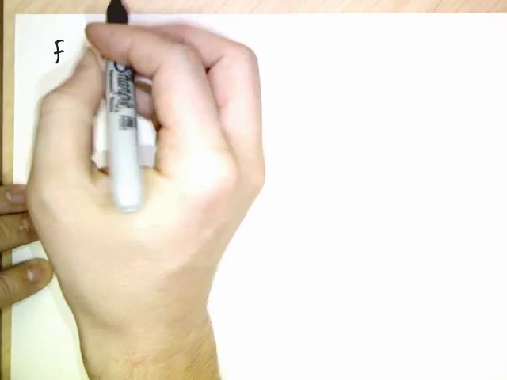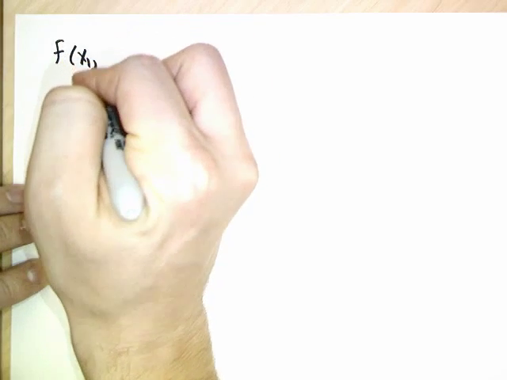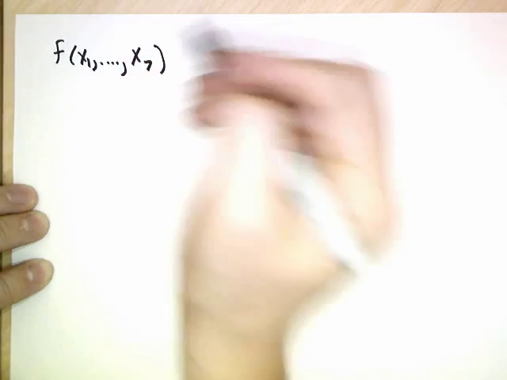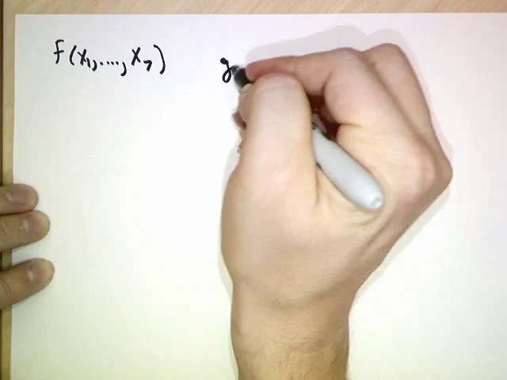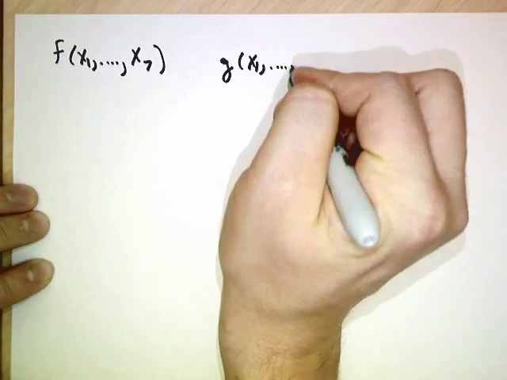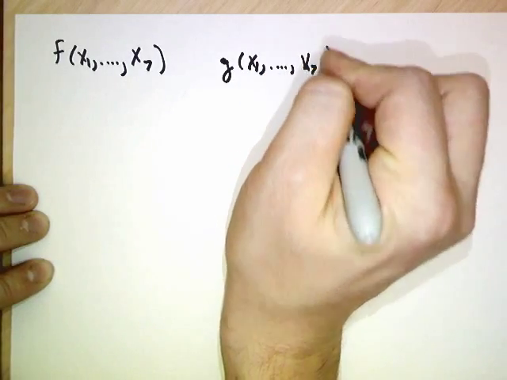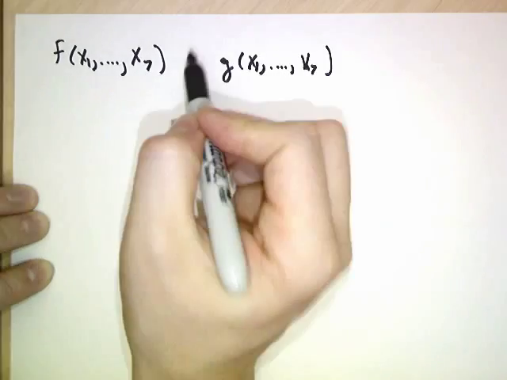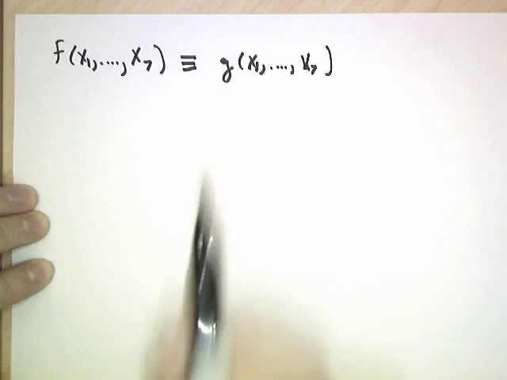So let's say that I have 2 Boolean formulas, f of x1 up to x7, and g of x1 up to x7. We're going to write that f is equivalent to g, and I'll use 3 bars here.